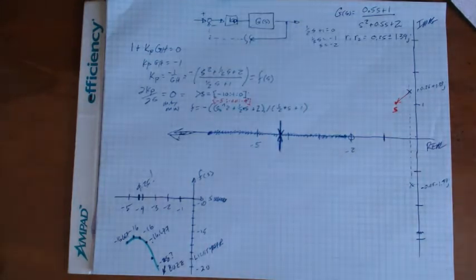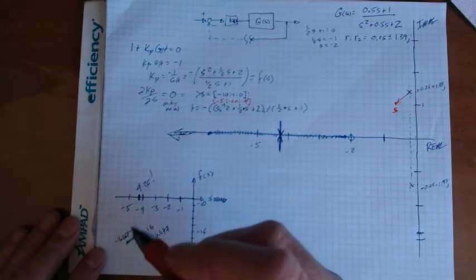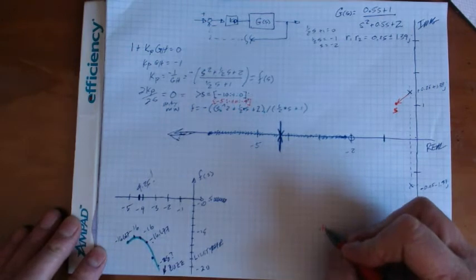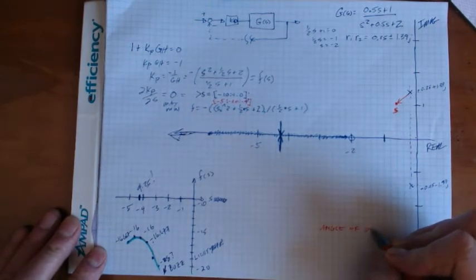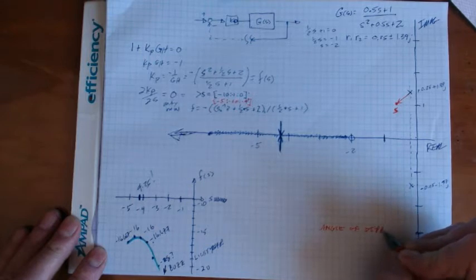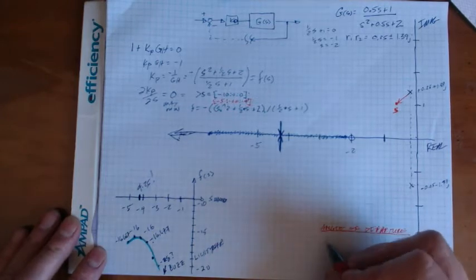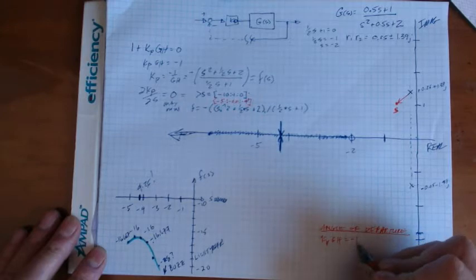And for the angle of departure, where am I going to put this? Here, let's write that down here. Angle of departure. For the angle of departure, we're going to say Kp times GH equals -1.